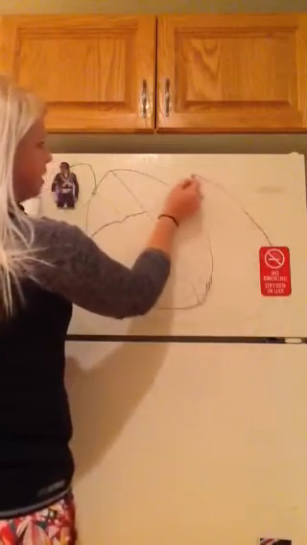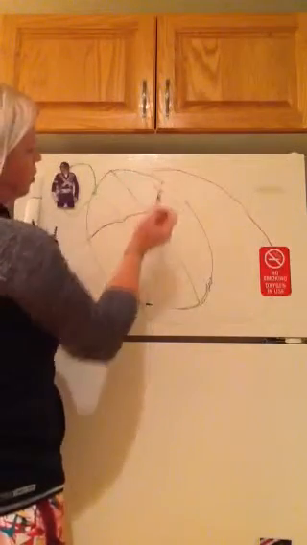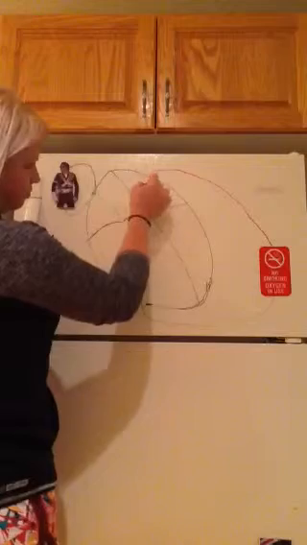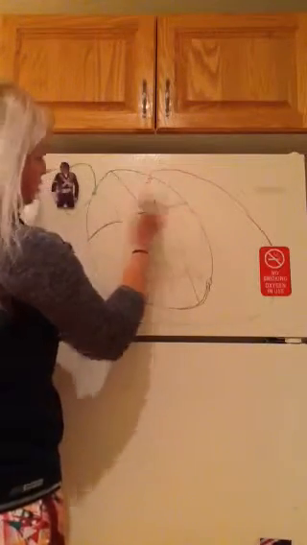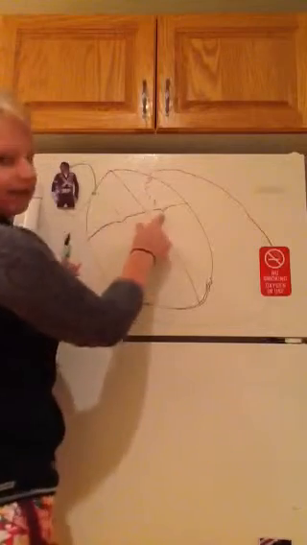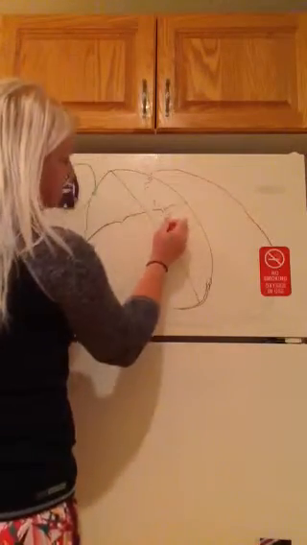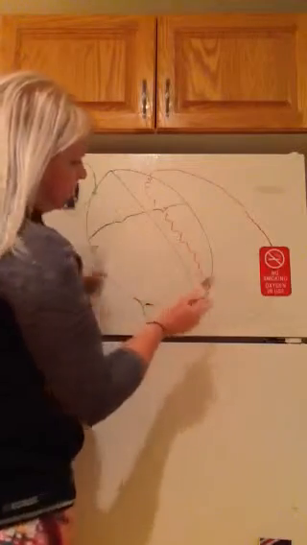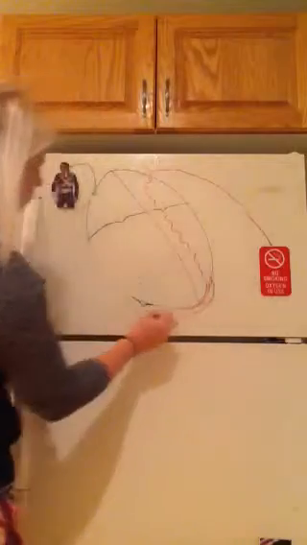This time it goes through to the left atrium, comes down here, has to go into the left ventricle, so it goes through the bicuspid valve, also called the mitral valve. It enters the left ventricle, and now it can exit out and go to the body.